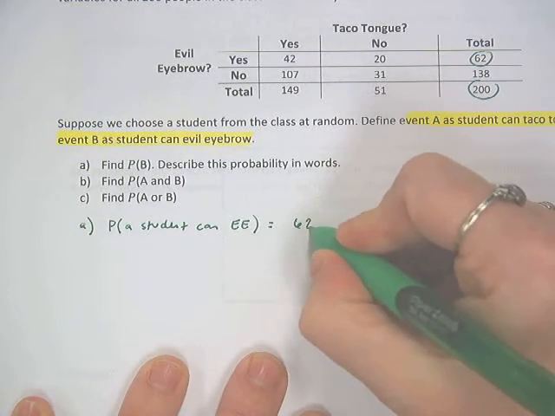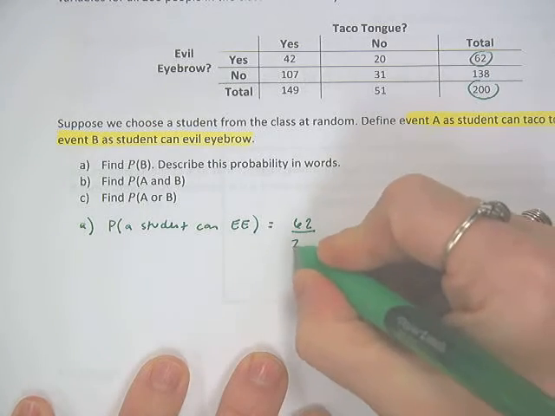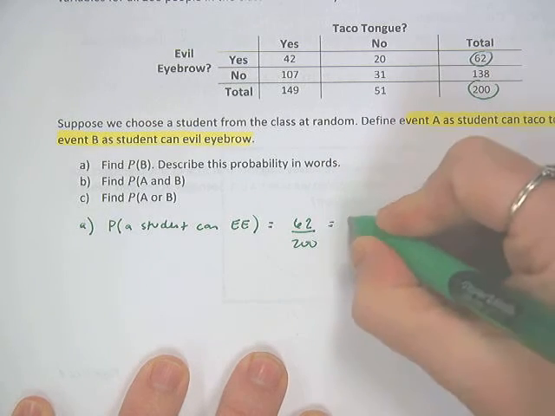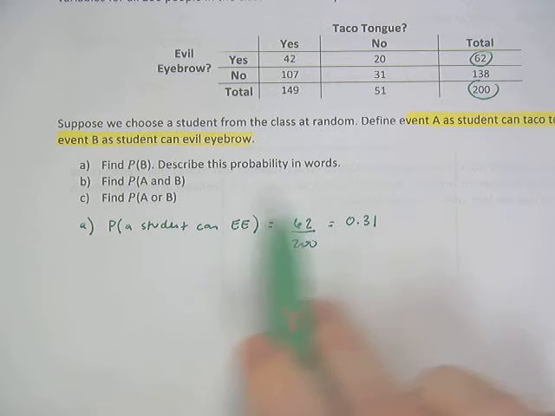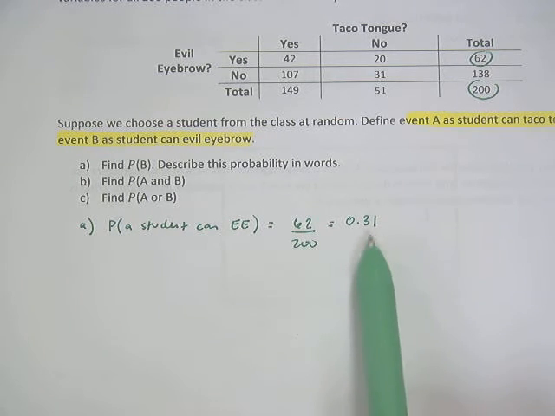So we would set up the probability as 62 over 200, which is 0.31. When it says describe the probability in words, that just means that if you choose a student at random, there's a 31% chance that they say they can evil eyebrow.